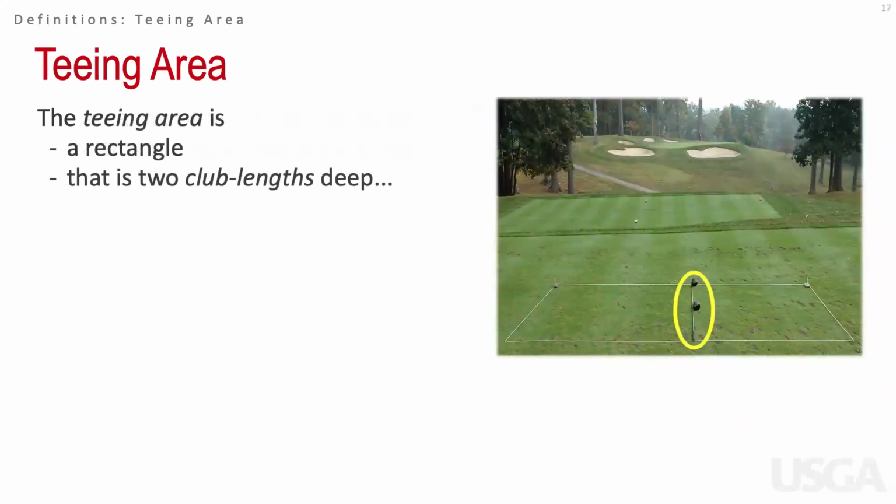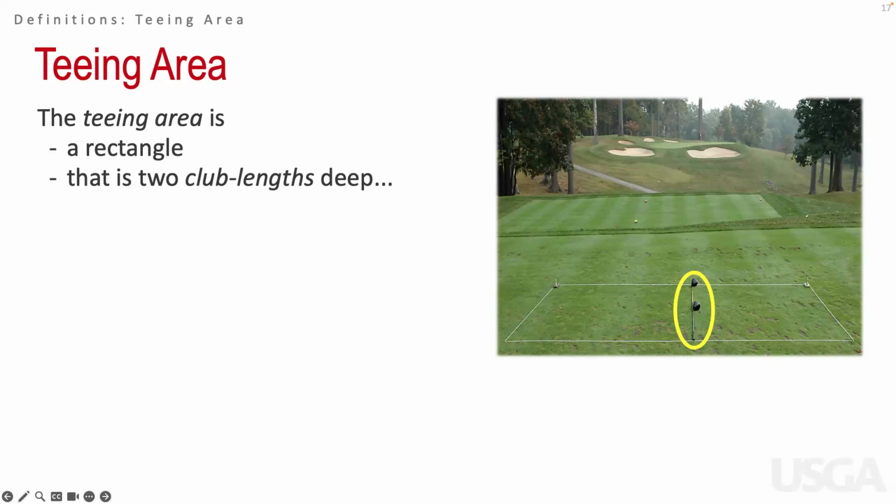So the teeing area itself, it's a rectangle, and it's 2 club lengths deep. Even though we don't see it here, club length you can see is italicized, so it is a definition. A club length is going to be the longest club in the player's bag for that round, but not including the putter.